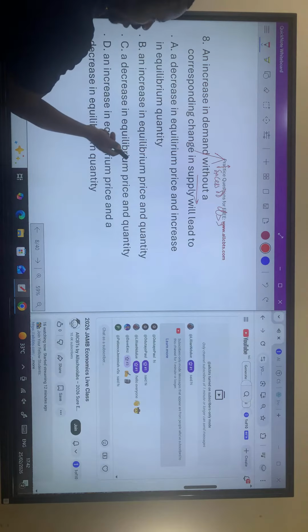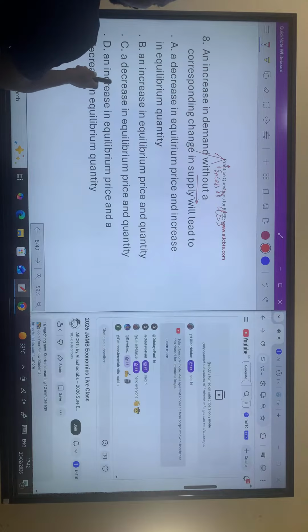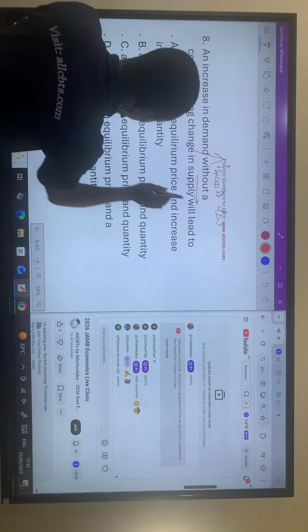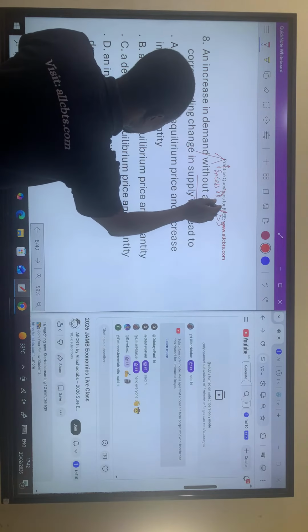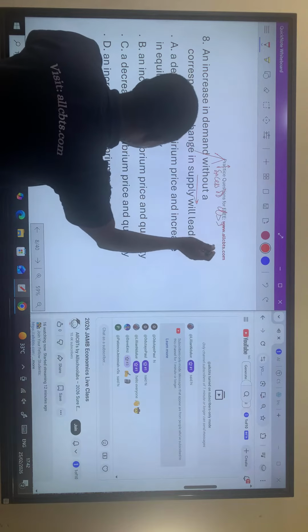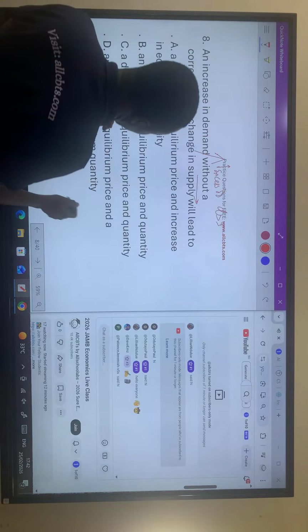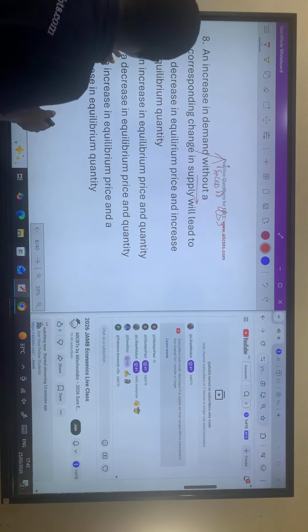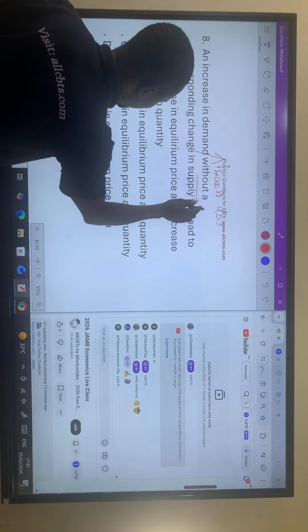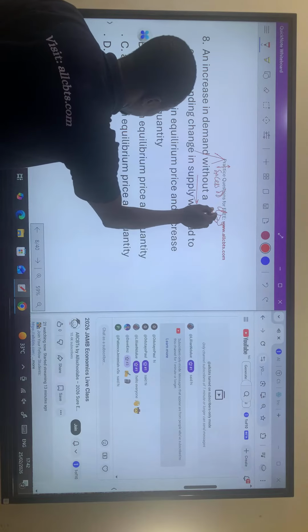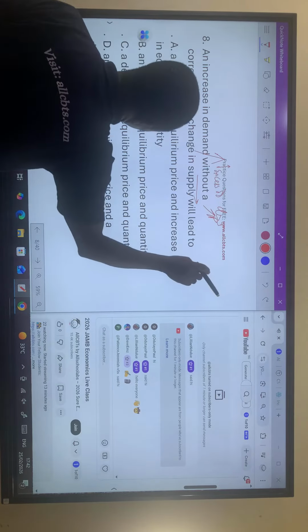So let's see. A decrease in equilibrium price and an increase in equilibrium quantity? It can't be a decrease in price for this. An increase in equilibrium price, yes, because I just mentioned that since there's excess demand, demand greater than supply, there's a tendency for an increase in price. So this could be a correct answer. Now, since the price will increase, remember, as the price increases, the seller is ready to sell more at a higher price.